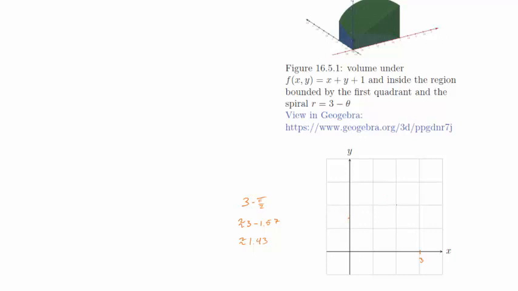And let's get at least one more point in here. So this is 1.4. Let's put an exact value: 3 minus pi over 2. If we do pi over 4, pi over 4 is half of pi over 2, so that's about 0.785.